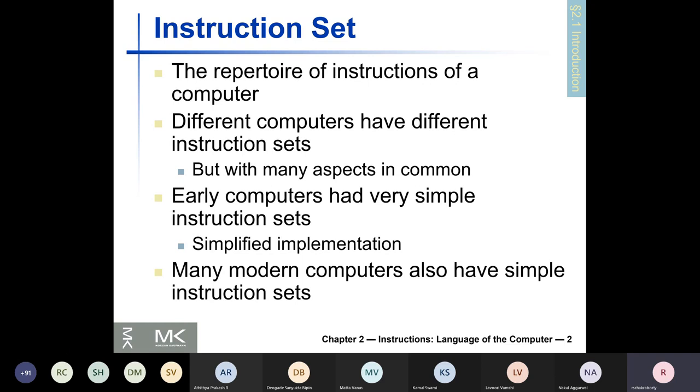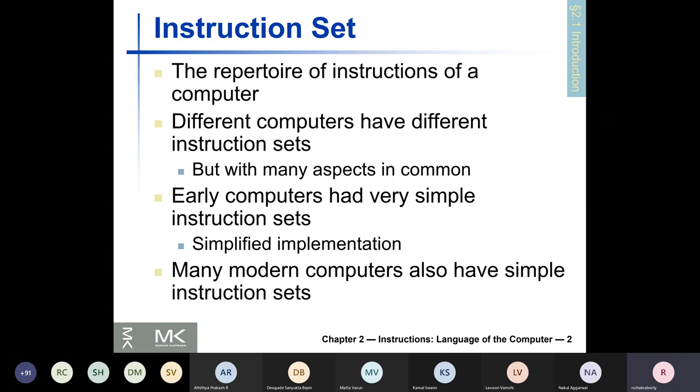Okay, for example, in modern microprocessors, you will find instructions which can perform even cryptographic operations, which earlier was unthinkable. So the instruction set that we are going to study is reasonably simple. We are intentionally teaching a reasonably simple instruction set because this is your first exposure to instruction sets. But please understand that this is not the complete picture.